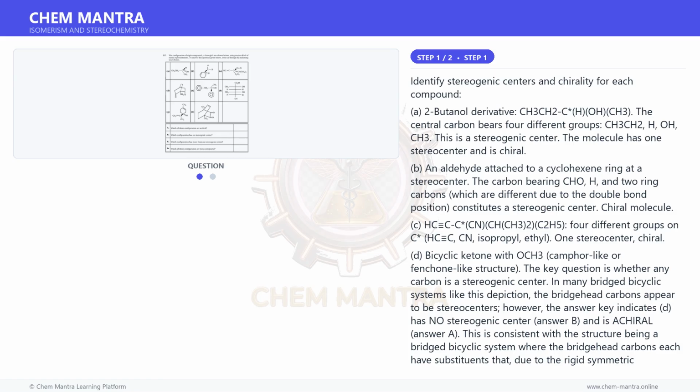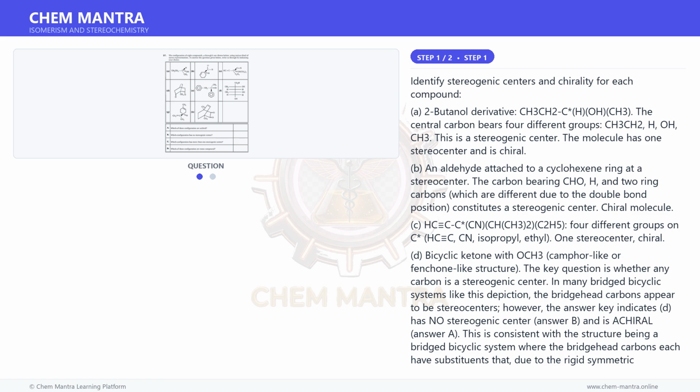Answer C includes F. G, limonene stereocenter. The exocyclic carbon C* bears CH2, C, H, CH3, and the ring carbon. 4 different groups, 1 stereogenic center, chiral. H, bicyclic diketone with 2 CH3 groups, like camphoric anhydride or similar.